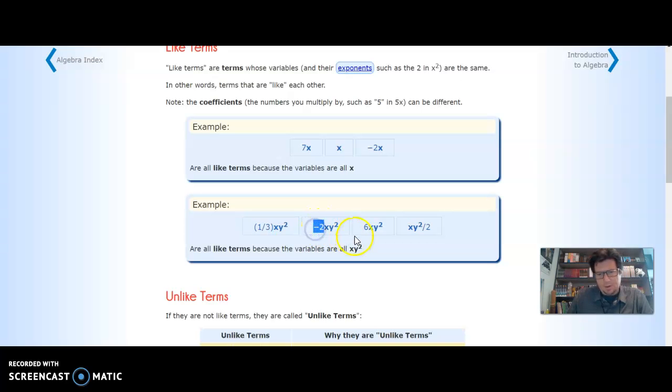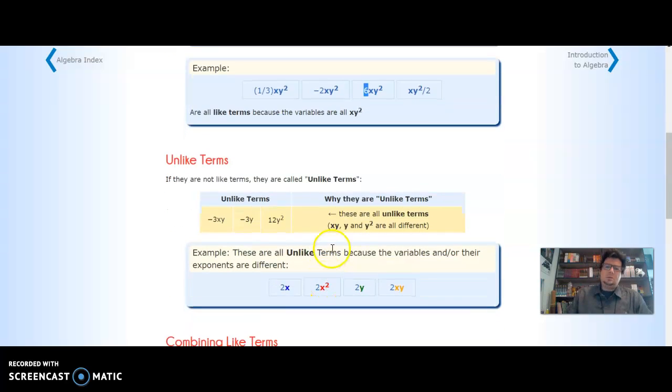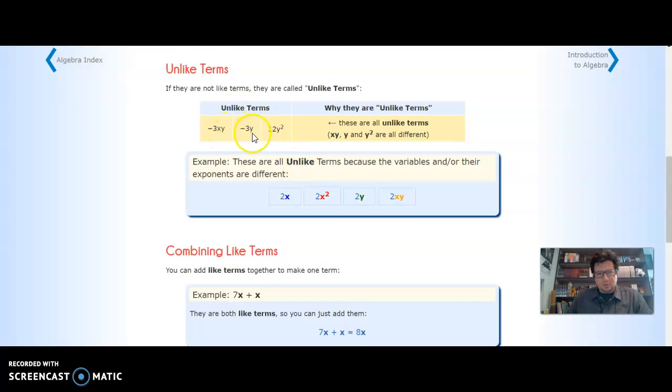1/3, minus 2, 6, and this would be 1 even though you don't see the 1 here. So this would be unlike terms because you have a y over here, okay? Then you have a y squared, then you have xy. So those are not compatible terms. They are unlike terms.